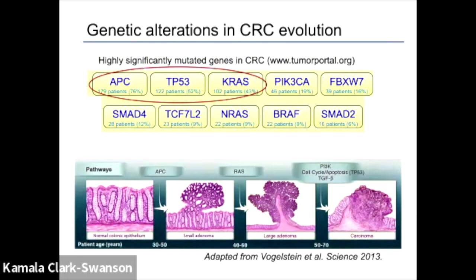And then this tumor progression goes through multiple stages that are characterized by accumulation of these mutations, most important being APC, KRAS, TP53, and then increasingly changes in the crypt architecture, and finally ending in carcinoma that has completely lost normal tissue architecture.